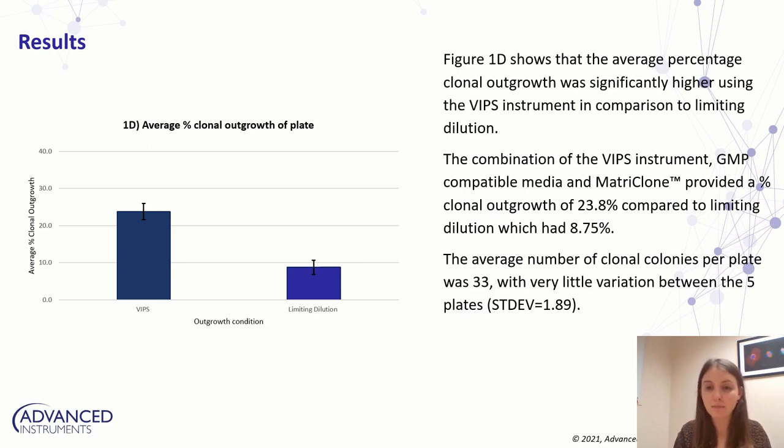The average number of clonal colonies per plate using the VIPS single-seeded system was 33, and we found very little variation across the 5 plates, with a standard deviation of 1.89.